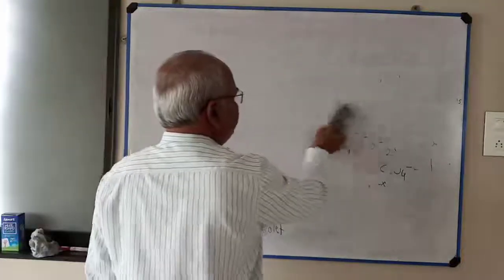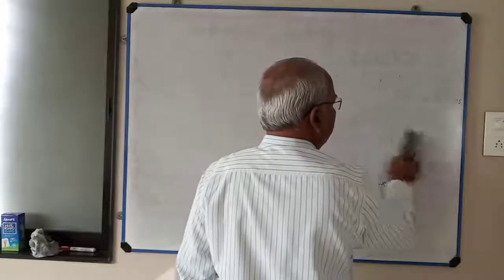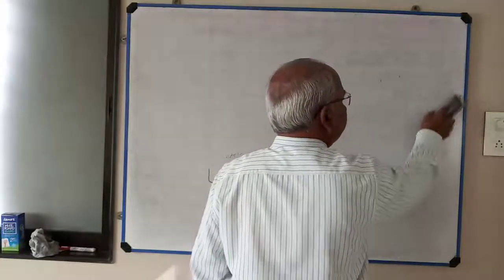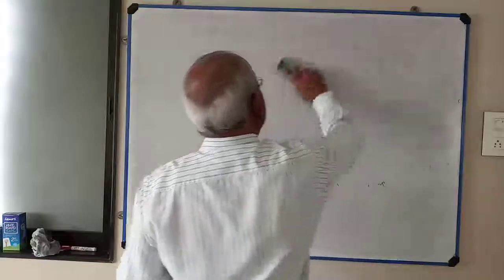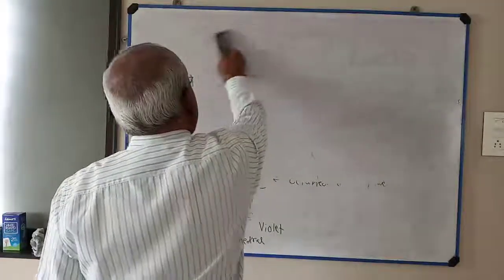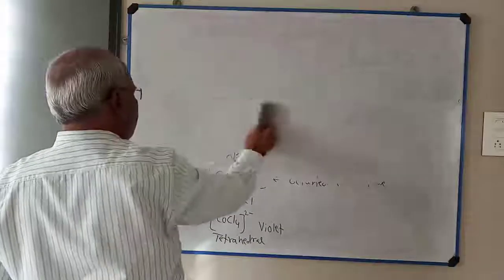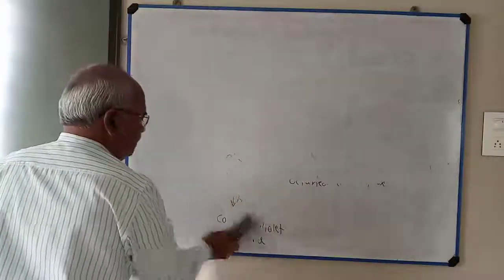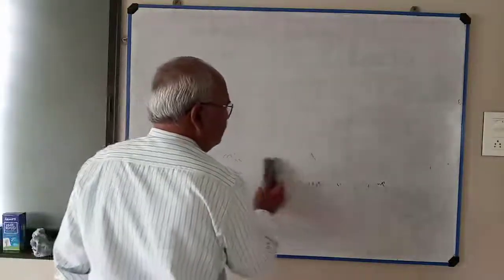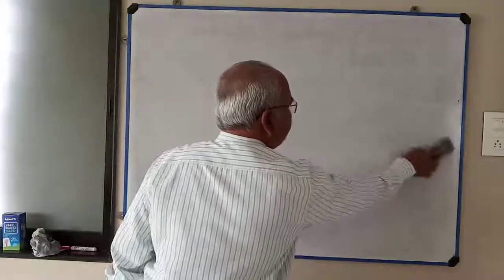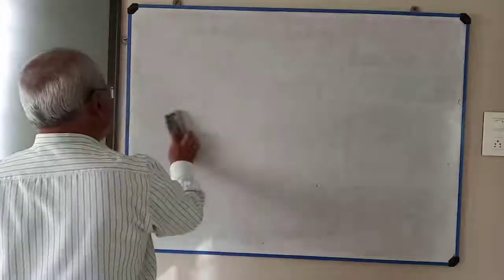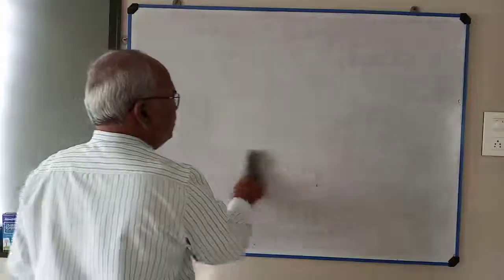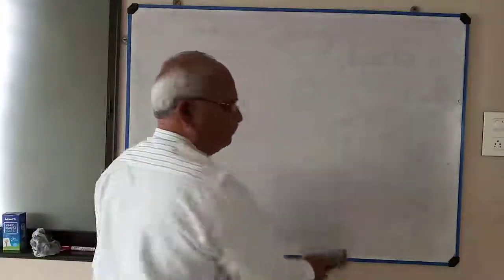So you know that substances which are added in the reaction to increase the rate of the chemical reaction are called catalysts.